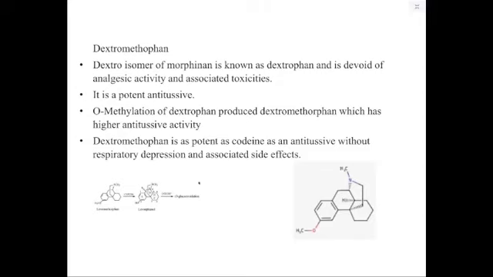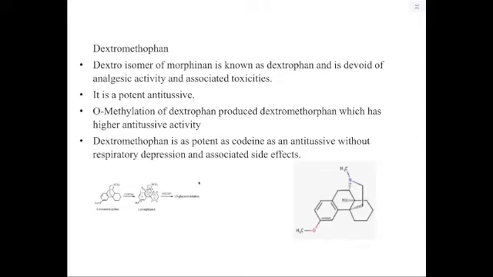If you change from levo to dextro, then the dextro isomer will have minimal analgesic activity. The levo isomer is the one that has analgesic activity. So for the morphinans, when you change to the dextro and put a methoxy group at position number 3, you get a very good drug that can be used as an antitussive.